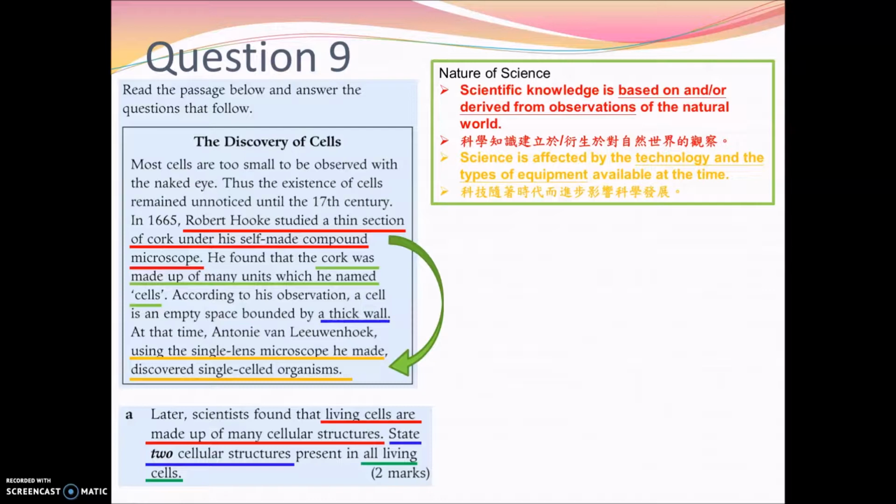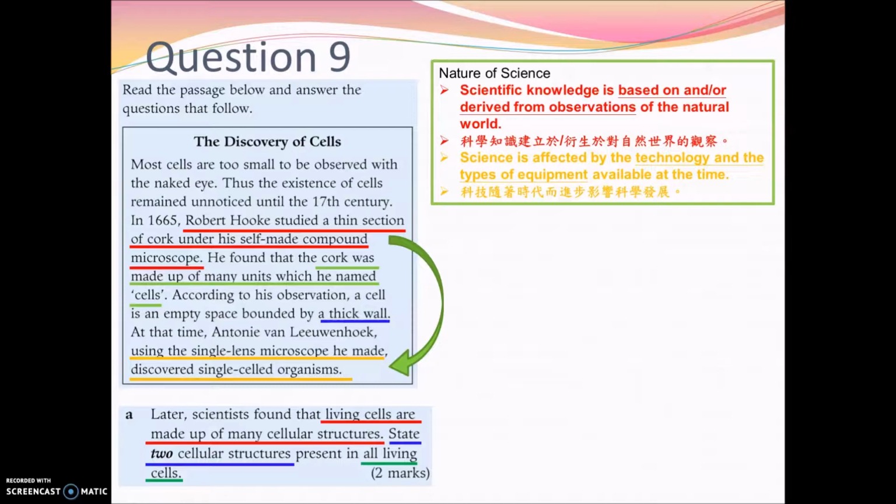This is due to the observation of the natural world. We can use different methods to observe the world. For example, Robert used the compound microscope, and the other scientists used the single lens microscope. Everything is based on observation. So that's the first idea of the nature of science.